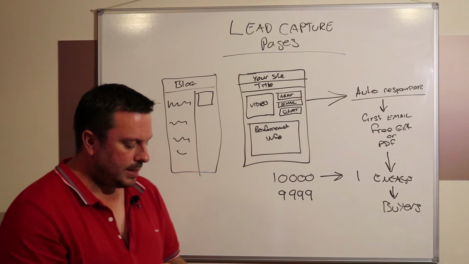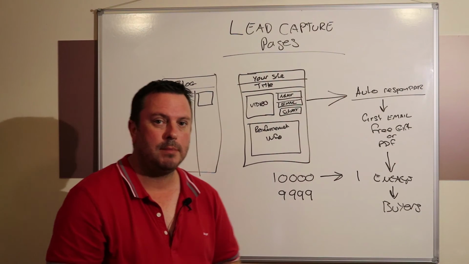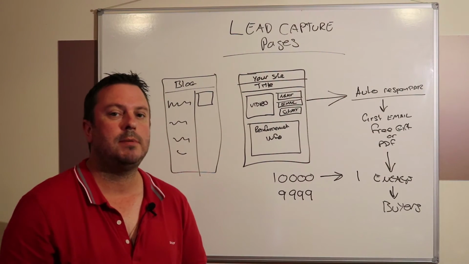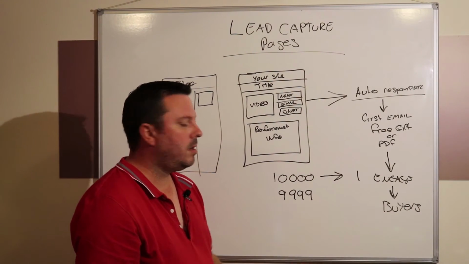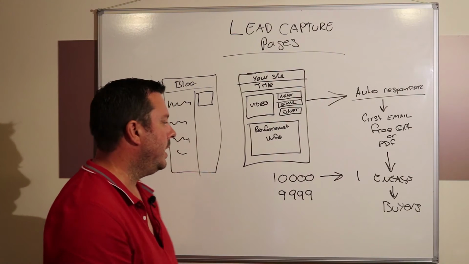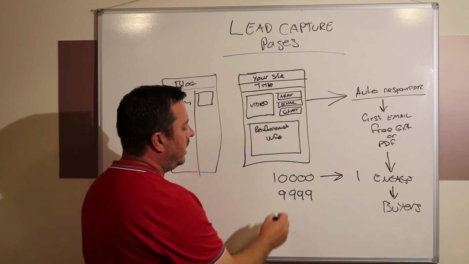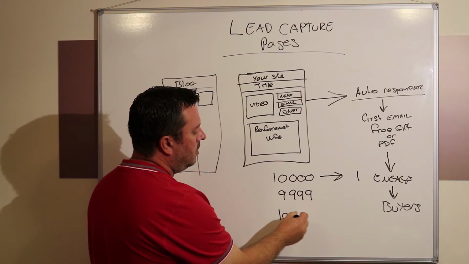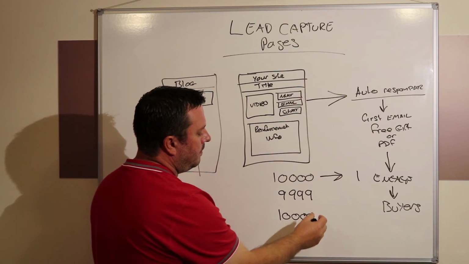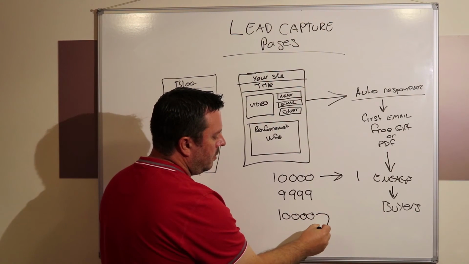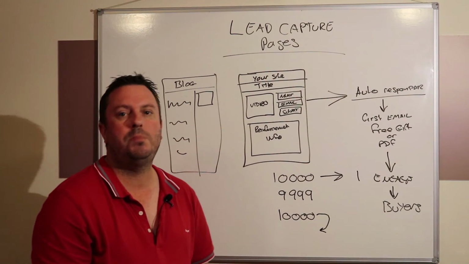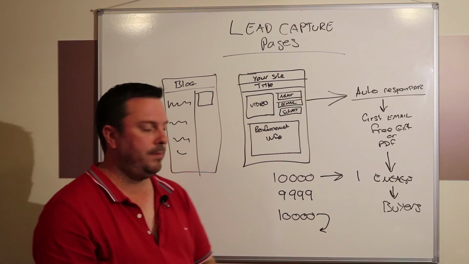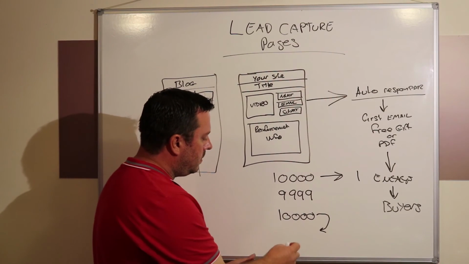Okay, so that is the importance of a lead capture page, because if you didn't have a lead capture page, 9,999 of 10,000 people would disappear. When you're giving them something for free, if you're getting 10,000 people to your site and you're giving them a free gift, let's say 2%, let's just say 2%, right?